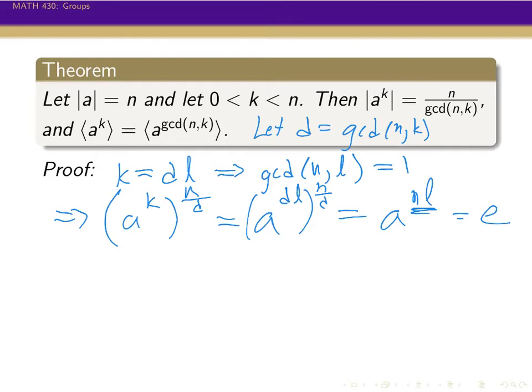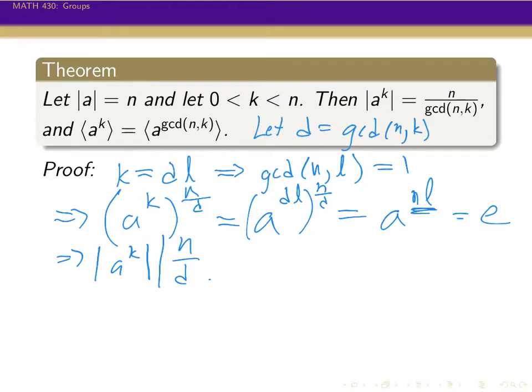And so since we have a multiple of the order of a, this is going to give us back the identity. So this tells us that the order of a to the k divides n over d, because n over d is a power that makes it the identity, and so its order has to divide that. So next we will show that n over d divides the order of a to the k as well, and so if they divide each other, that means they have to be equal.